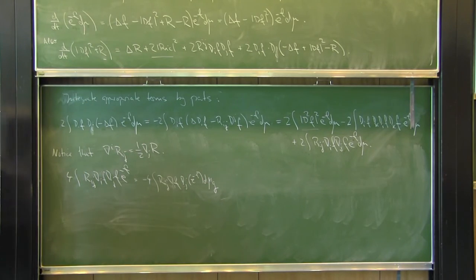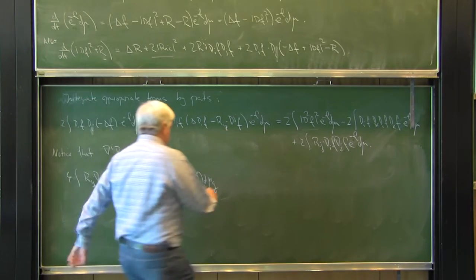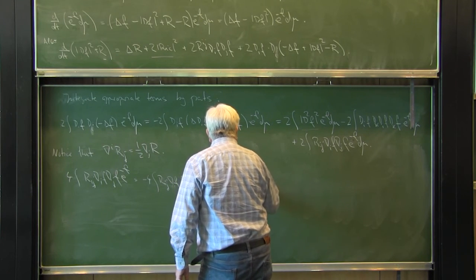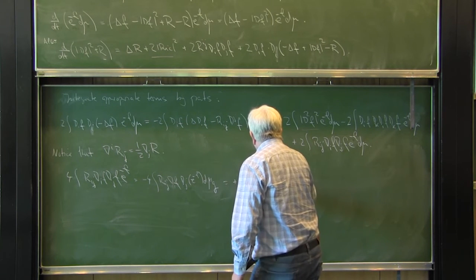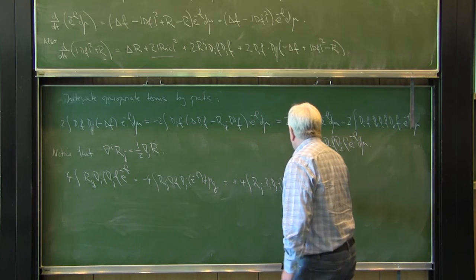All right. Now you can integrate by parts the ∇_j, so this gives you plus 4 integral R_ij ∇_i ∇_j f e to the minus f dμ.